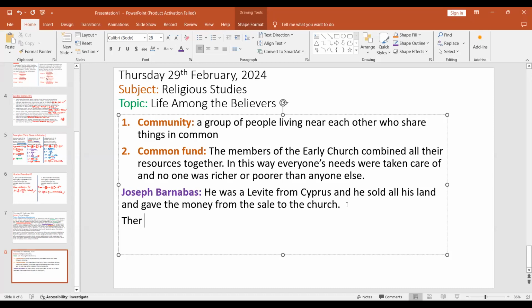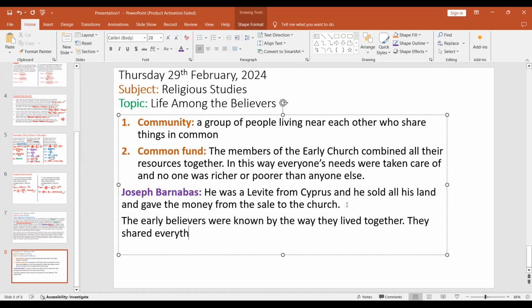So the early believers were known by the way they lived together. They shared everything, and that means all of their belongings.